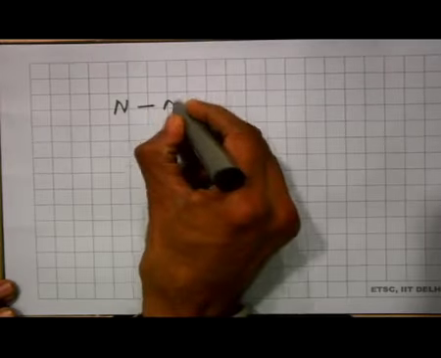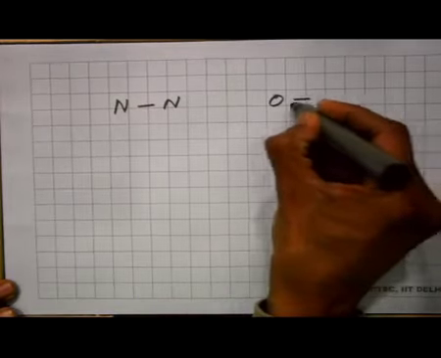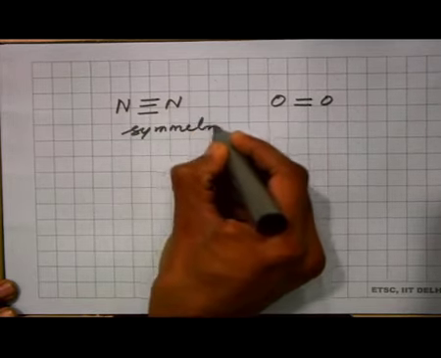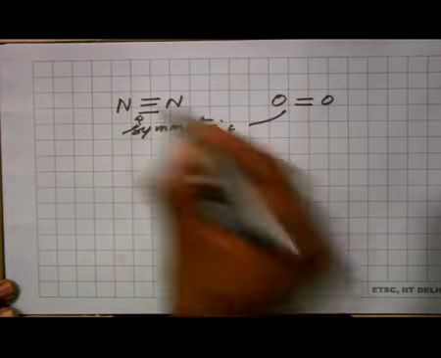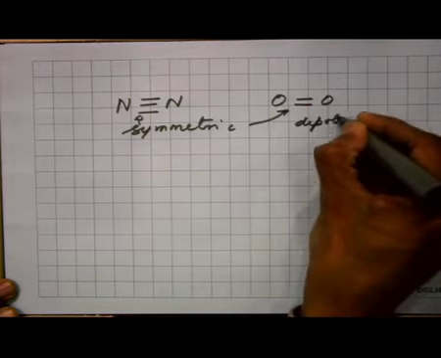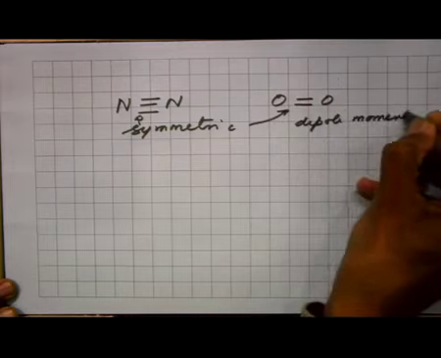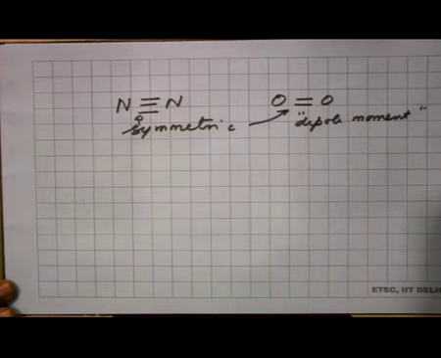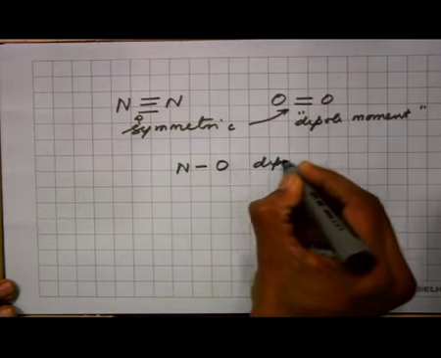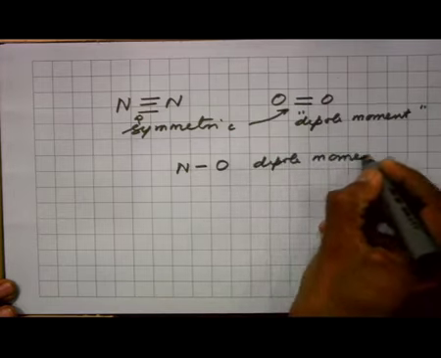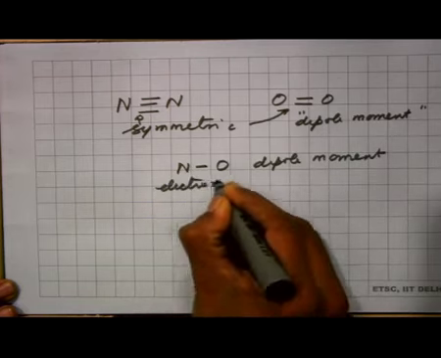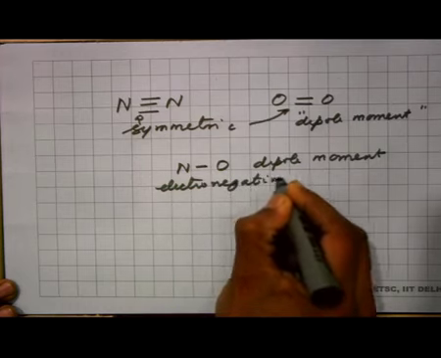Nitrogen and oxygen are symmetric, both of them, which means that they do not have a dipole moment at equilibrium, whereas NO has a dipole moment arising because of the electronegativity difference between nitrogen and oxygen.